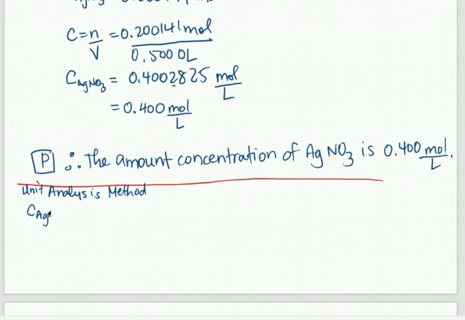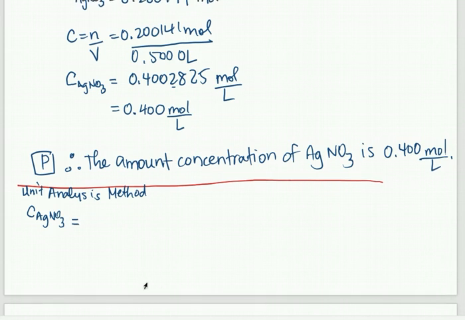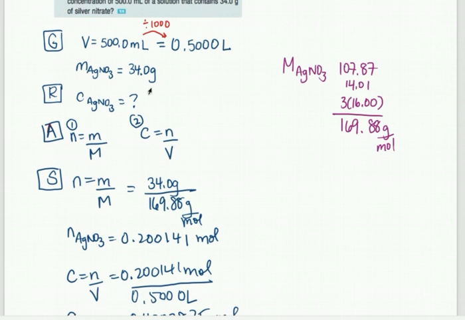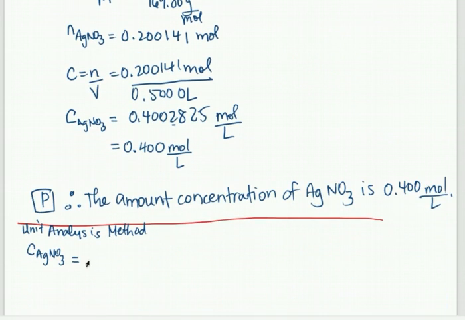Okay, so we need to find the concentration of silver nitrate. So we have a couple values here, and we're trying to figure out what to use first. So again, liters, use it at the end, okay? So just take your mass, so your 34 grams of silver nitrate, okay?